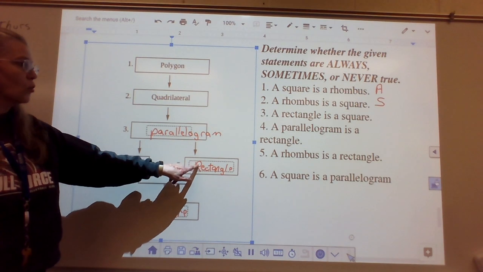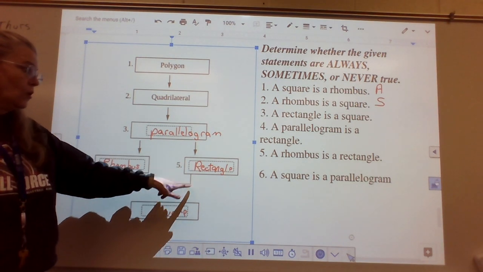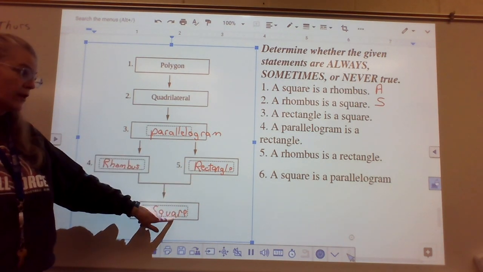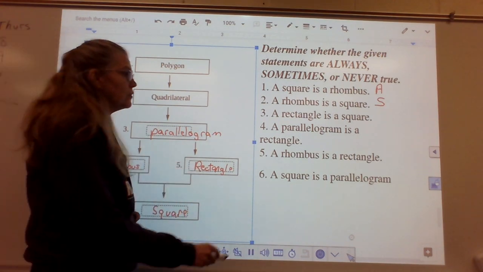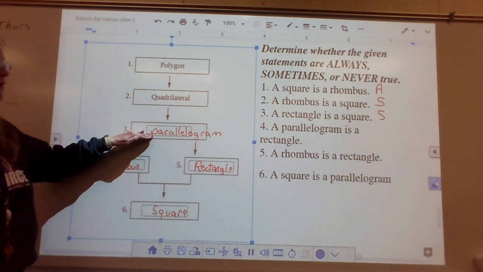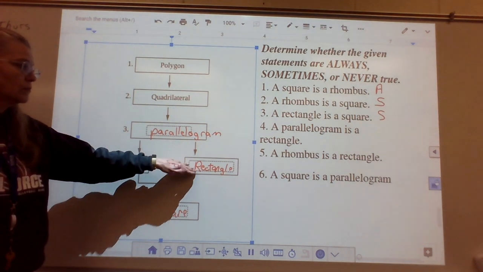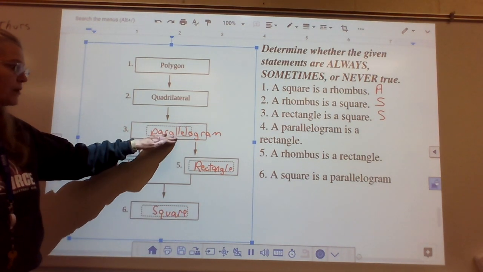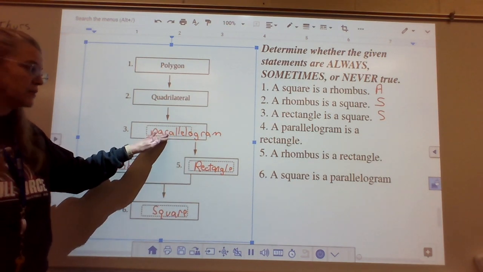A rectangle is a square. Well, not all rectangles are squares. So that's a sometimes. A parallelogram is a rectangle. Sometimes. Not all parallelograms have to be rectangles, but sometimes they are.